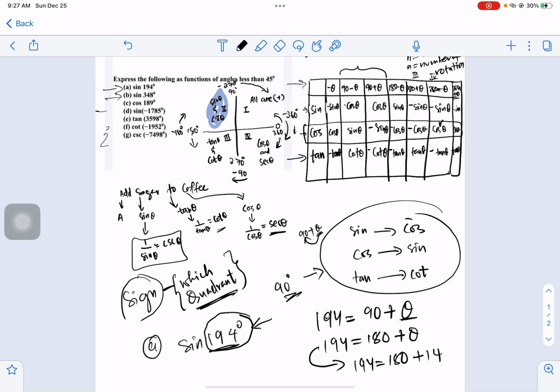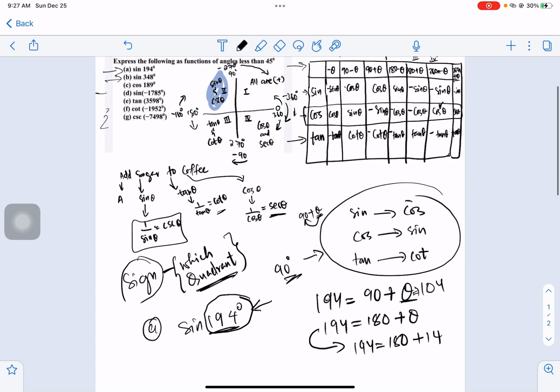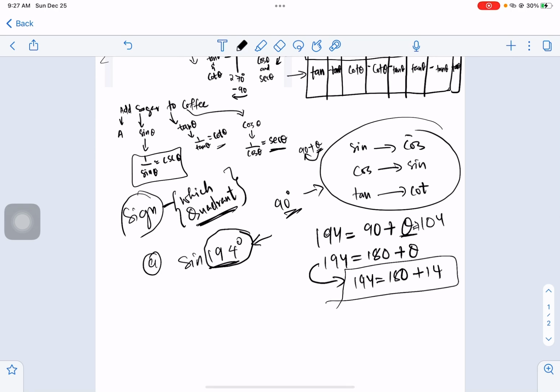If I choose 90 plus, it will be 90 plus 104, so your theta is 104. Now, which option would you like? Since they want you to get the angle less than 45, the second option is best. So sine 194 can also be written as sine of 180 plus 14.